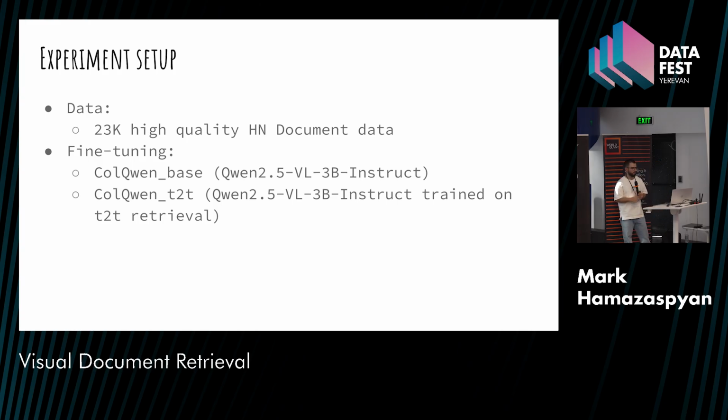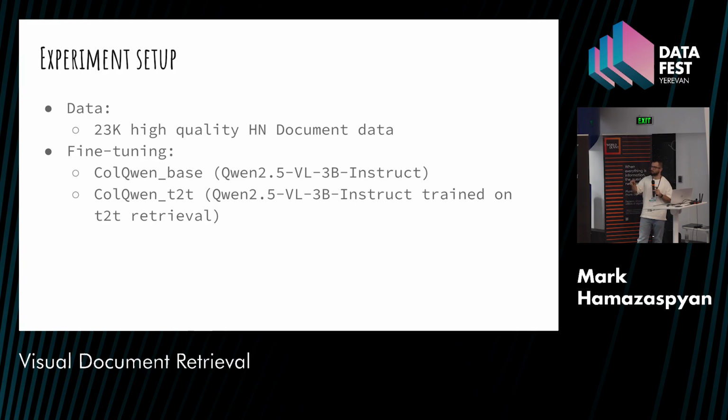Okay, we gathered the high-quality hard negative document data that I was talking about, which is around 23,000 examples. Then we ran 2 fine-tuning experiments. First, we take the ColQwen base, which is the Qwen 2.5 VL 3 billion base model without touching.